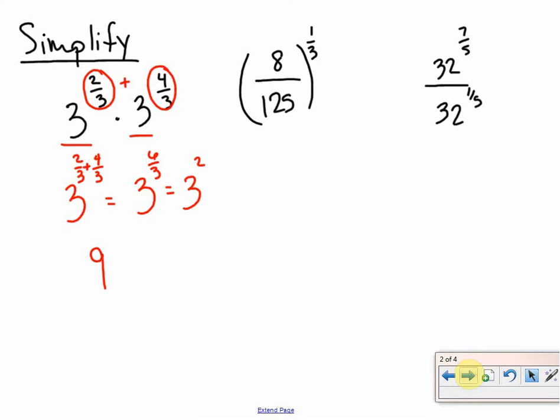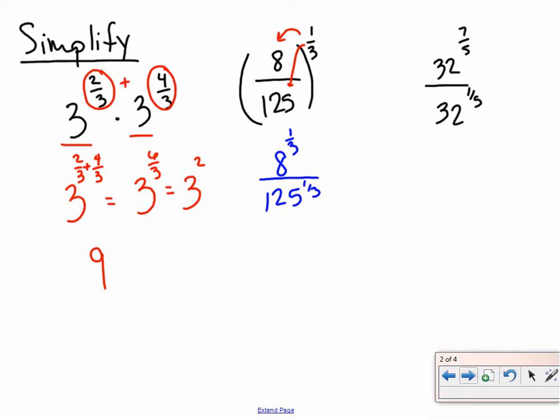For my second example, I have a fraction raised to a fractional exponent. If you remember, when I have division inside of parentheses, I can distribute this power to both the numerator and the denominator. So this is the same as 8 to the 1/3 power over 125 to the 1/3 power.